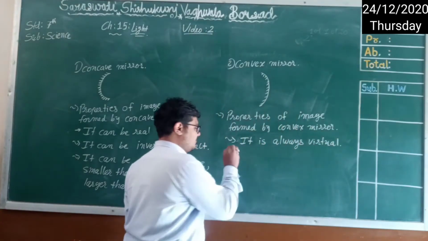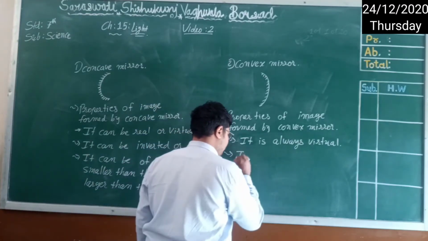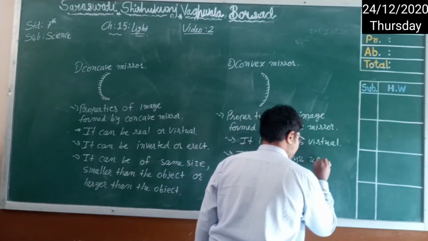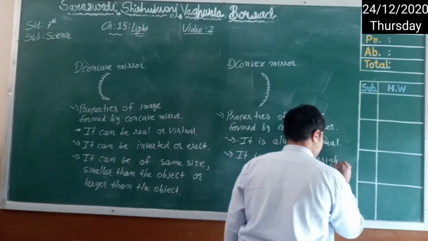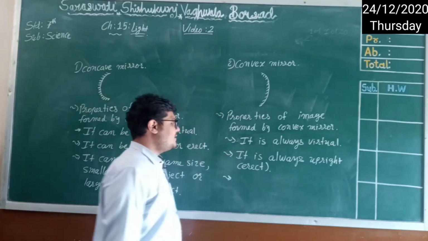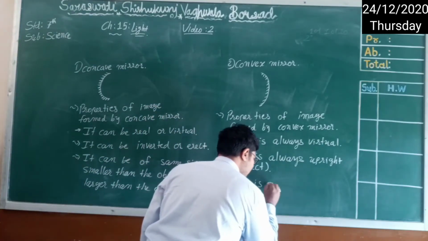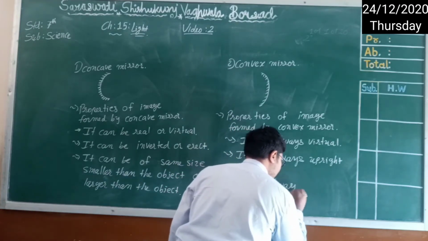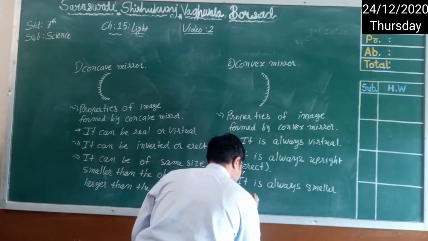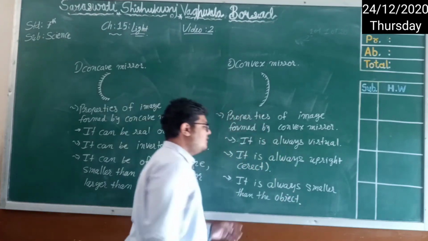It is always upright, means erect. And the last one, it is always smaller than the object.